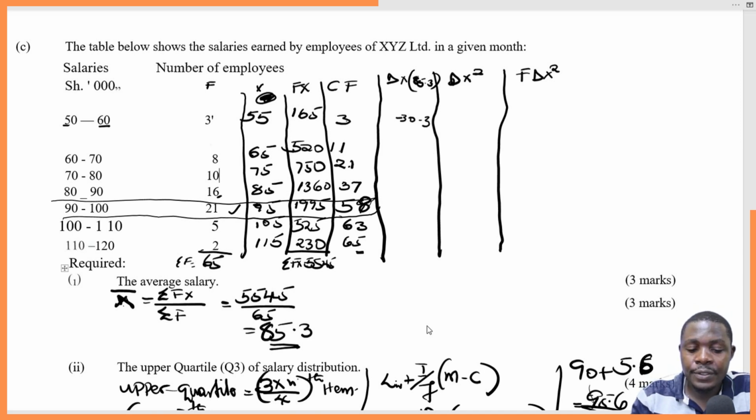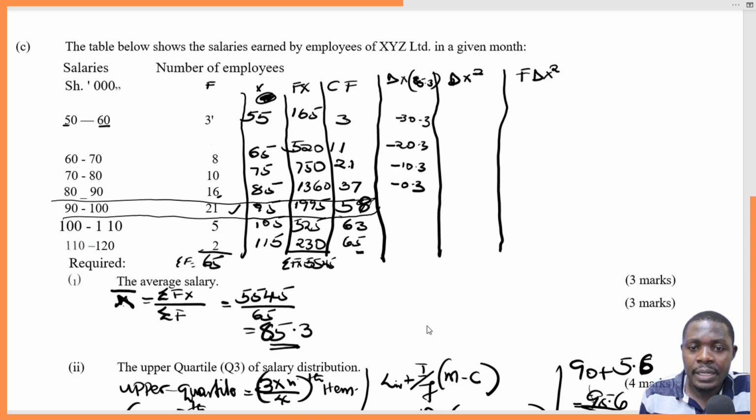Then 65 minus 85.3, you get negative 20.3. We have 75 minus 85.3, negative 10.3. Then 85 minus 85.3 gives negative 0.3.